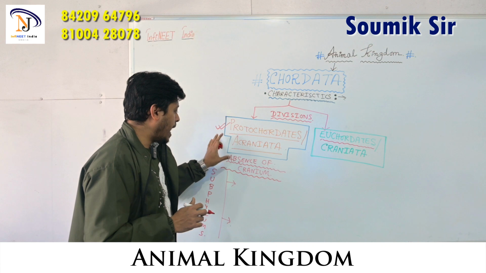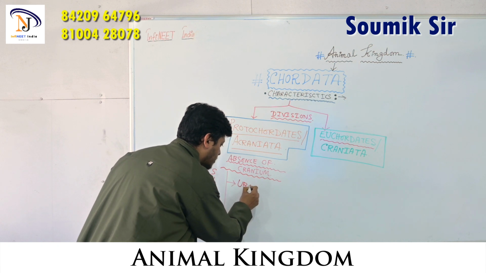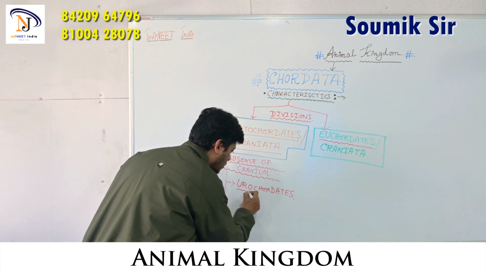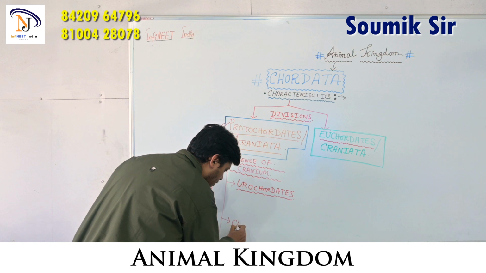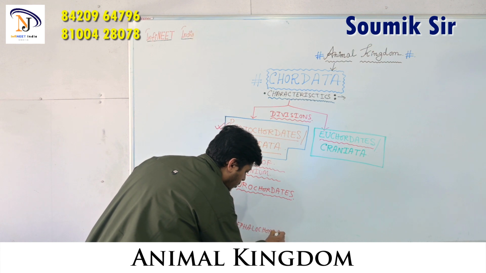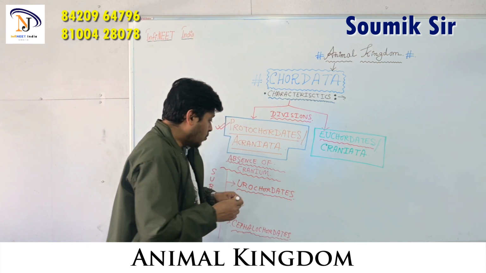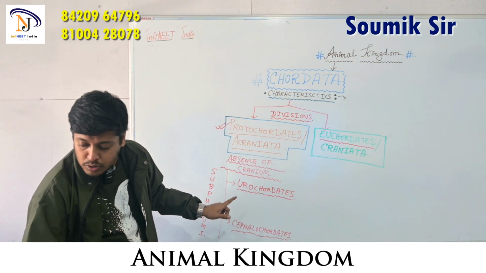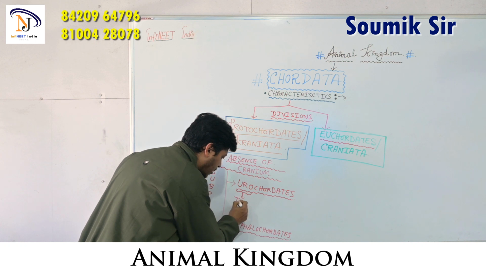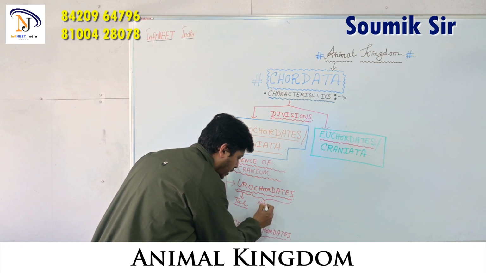Protochordates or acraniata are divided into two subphyla. First, Urochordata or urochordates, remember, and then another subphylum, Cephalochordata or cephalochordates. Urochordates: Uro means tail region, and chordate means presence of notochord and nerve cord.